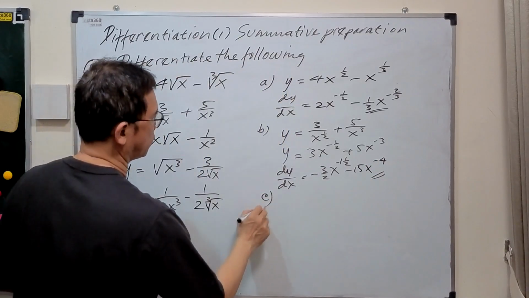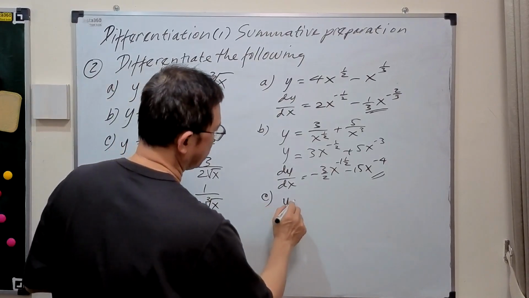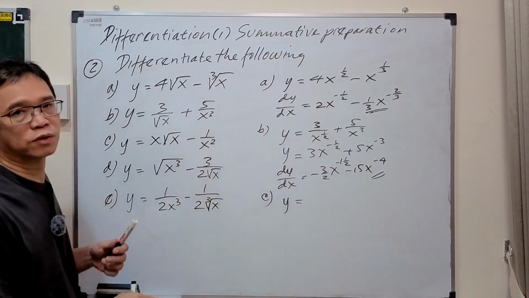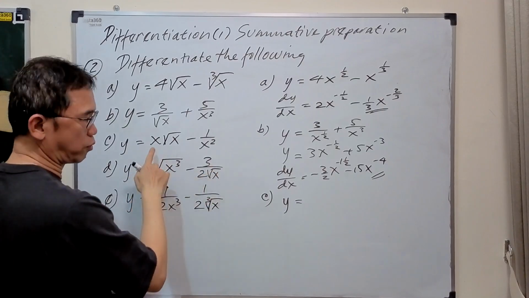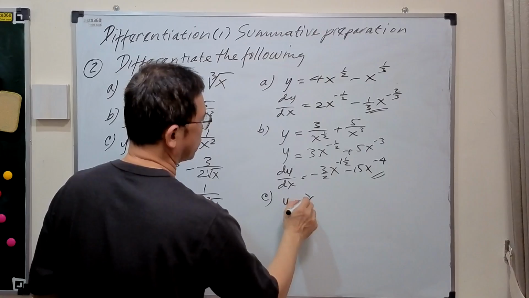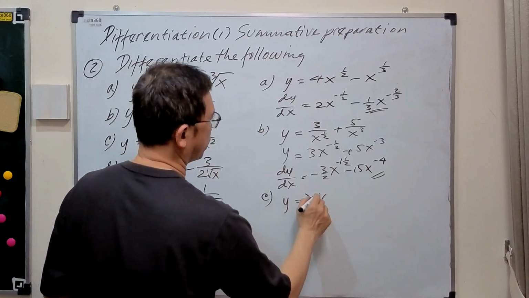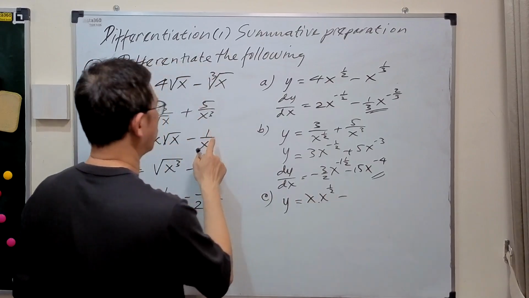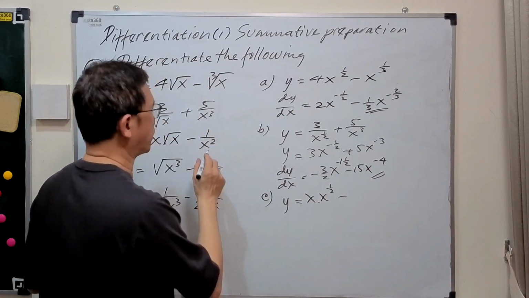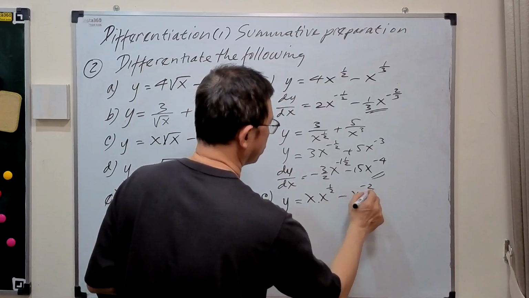And then the answer for C, like what we did before, express this to exponential form. Okay, I'll do it slowly. So x remains x, root x will be x to the power of half. Then 1/x squared can be expressed as x to the power of -2.